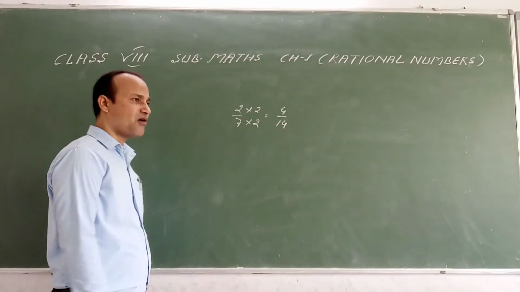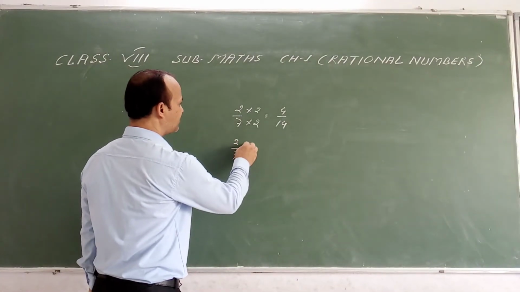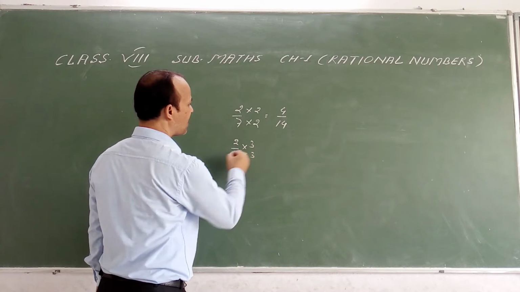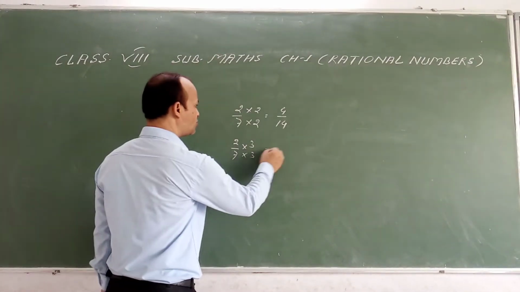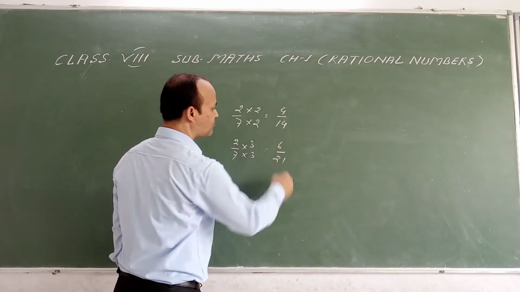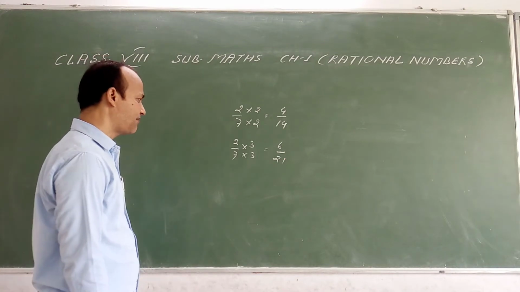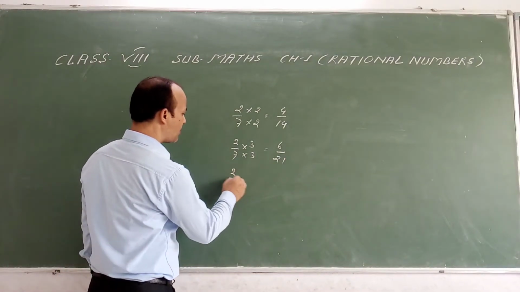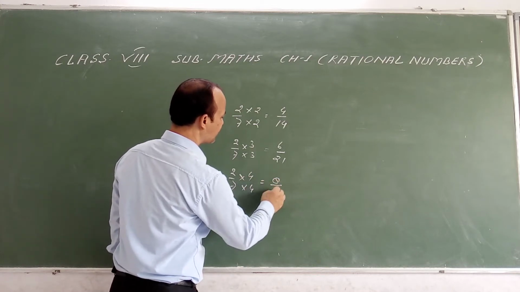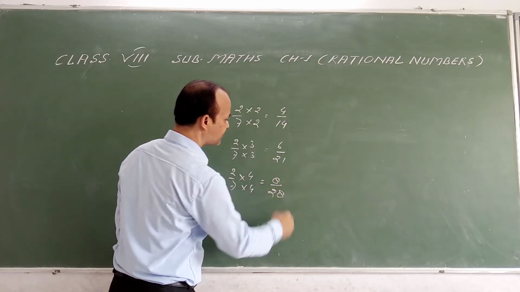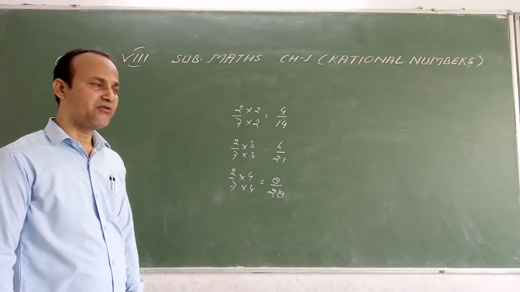Next one, if you want to find the third rational number, 2 upon 7, multiply by 3 in numerator and denominator both. 2 threes are 6, 7 threes are 21, which is an equivalent fraction to 2 upon 7. Next, 2 upon 7, multiplied by 4, that is 8 upon 28, which is a rational number equivalent to 2 upon 7.